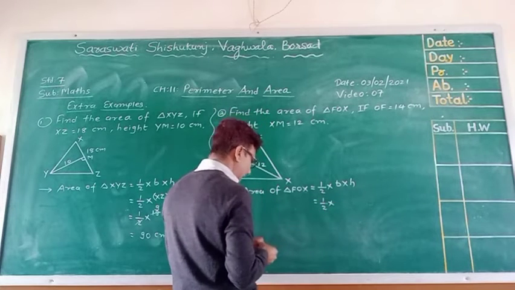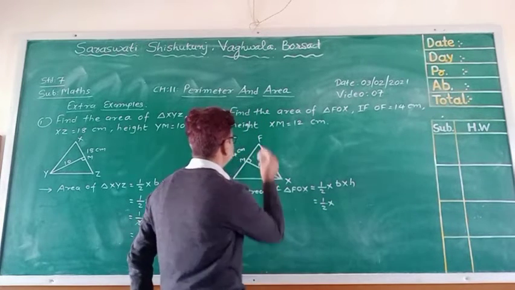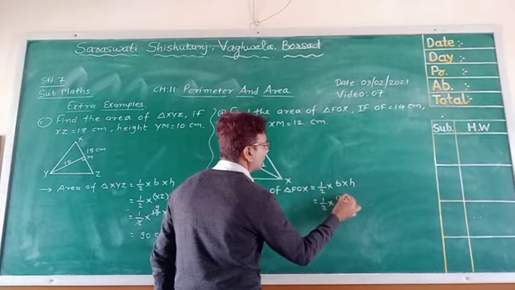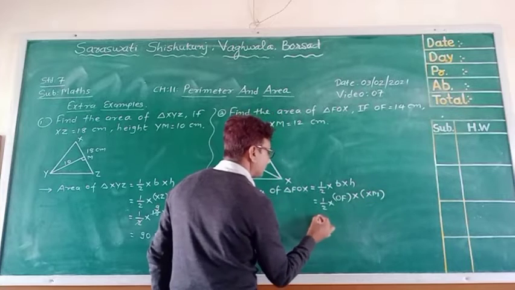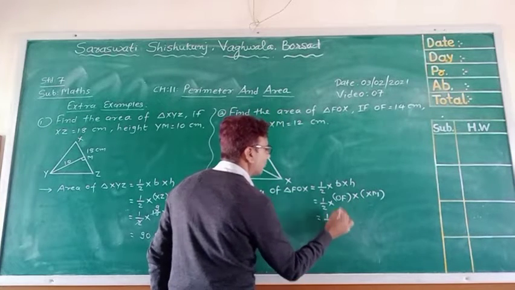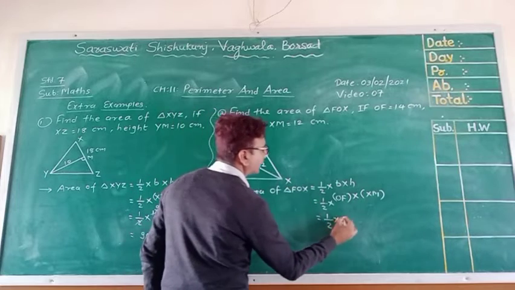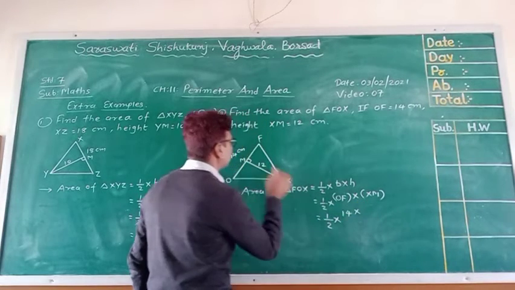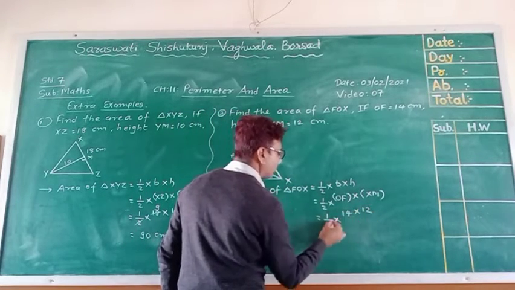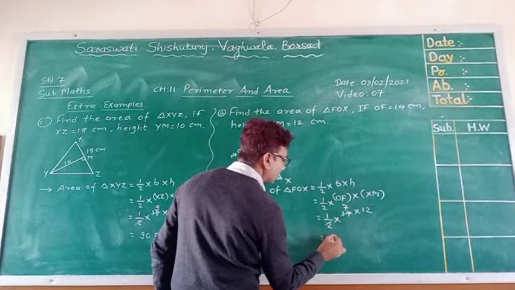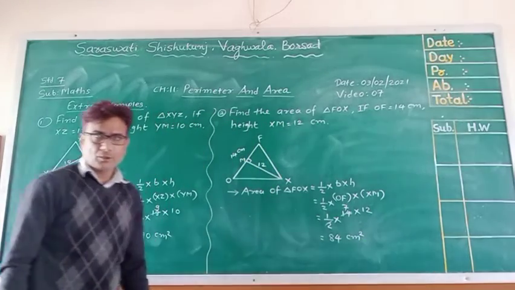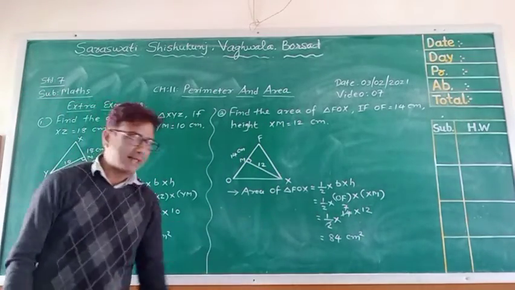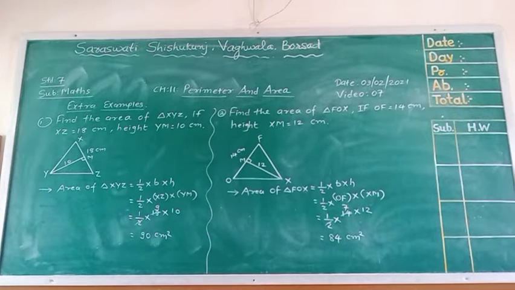We take OF as the base and the height is XM. 1/2 OF, OF is 14 and XM is 12. 2 7s are 14, 7 12s are 84. Understood? So the area of triangle FOX equals 84 centimeters squared.